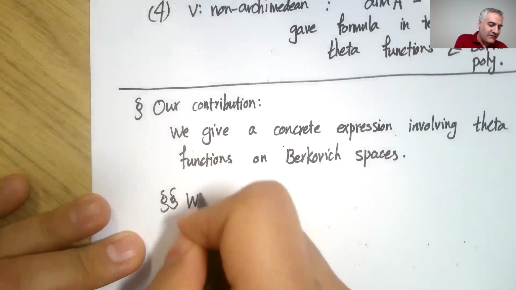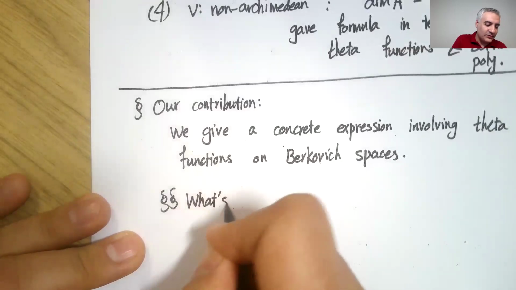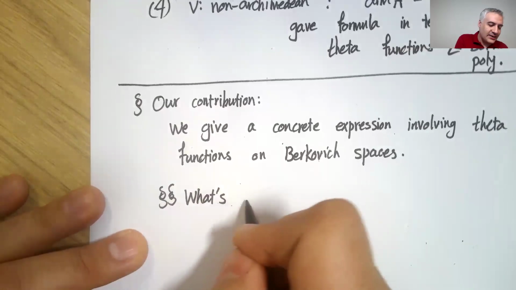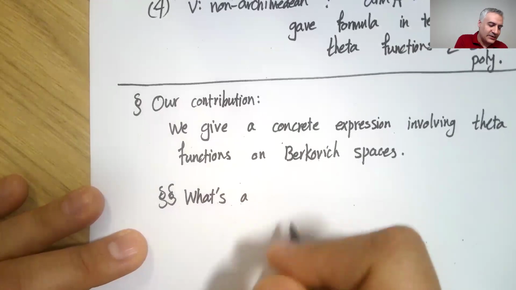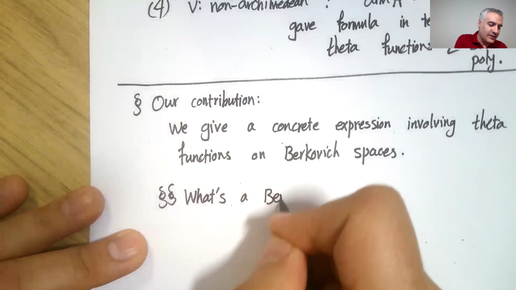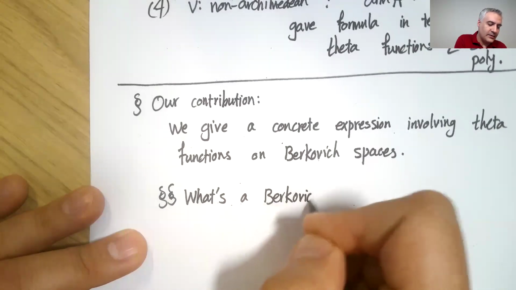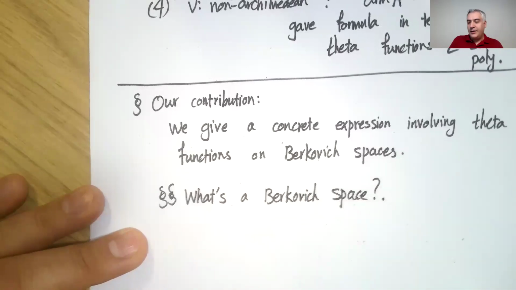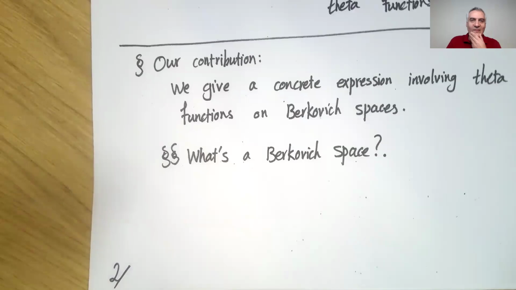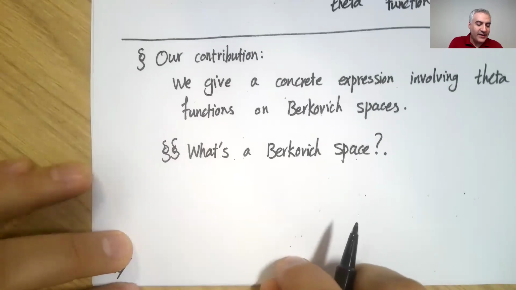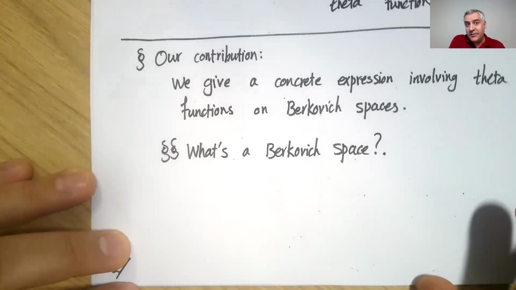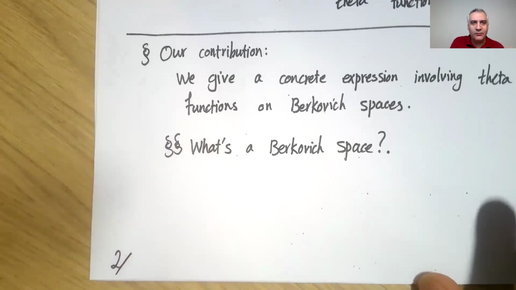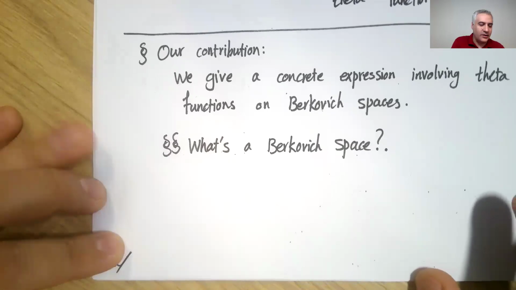So let me very quickly, in like 2-3 minutes, say, maybe instead of what is a Berkovich space, why a Berkovich space? And to motivate that, I'm going to actually go with the Archimedean story and see how things evolve or change when you go to the non-Archimedean side.